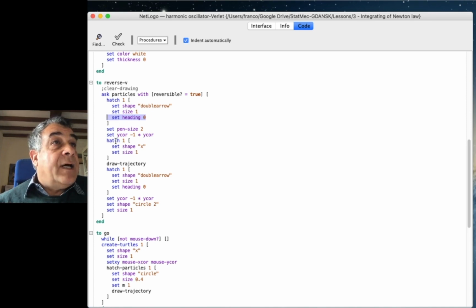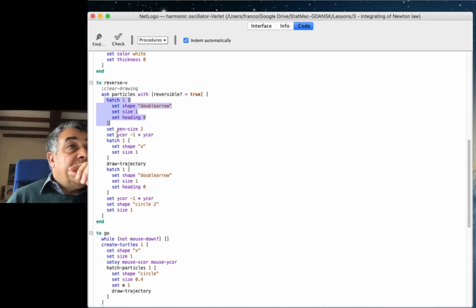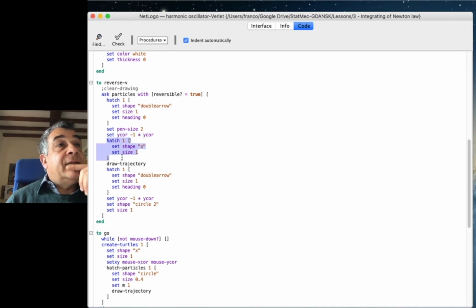Then I use just a new turtle that does not move, and so I change the y coordinate, which is V in our phase space. I mark again the point with another shape.